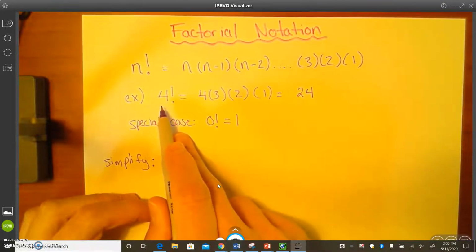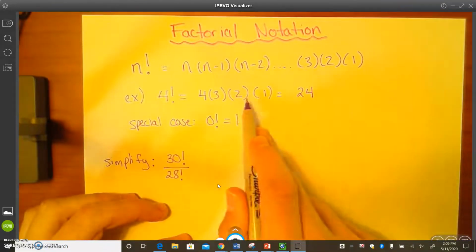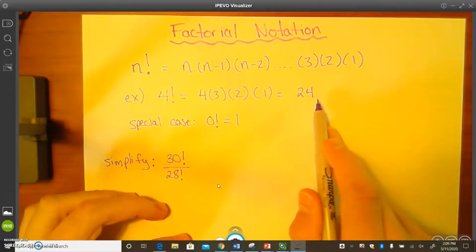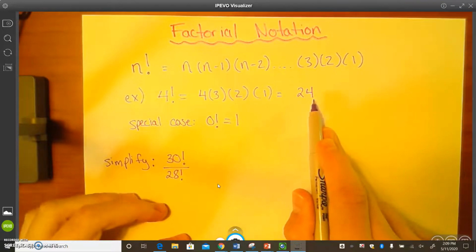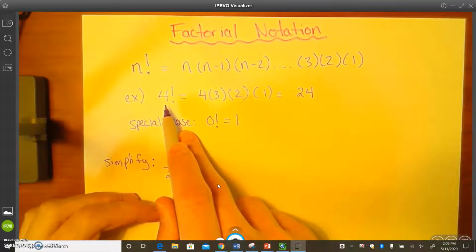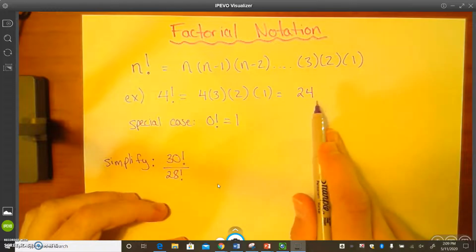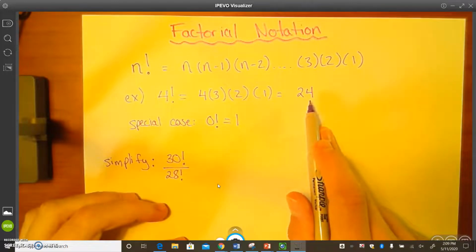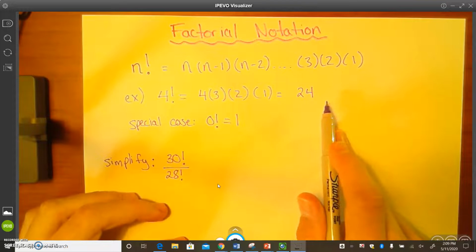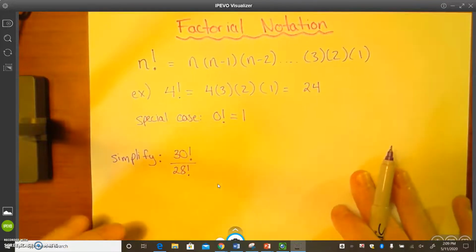So for example, 4 factorial is 4 times 3 times 2 times 1, which gives me a total of 24. So factorials have the ability to increase pretty fast. They get very large numbers very quickly, which shouldn't be surprising because 5 factorial is going to be 5 times as big as 4 factorial, and 6 factorial is 6 times bigger than that.